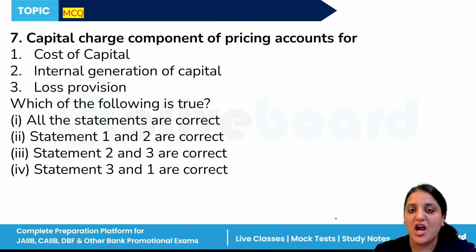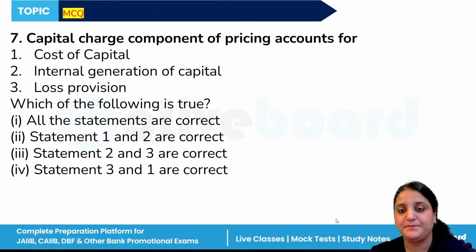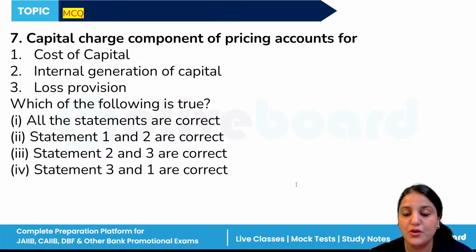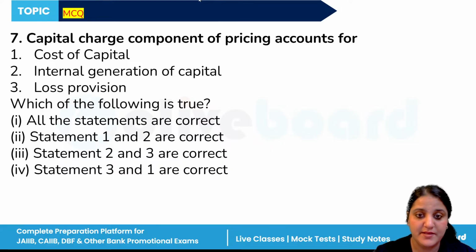Now, capital charge component of pricing accounts for capital charge. So if I talk about the cost of capital, banks have to account for the cost of funds or capital when they are pricing the loans, right?